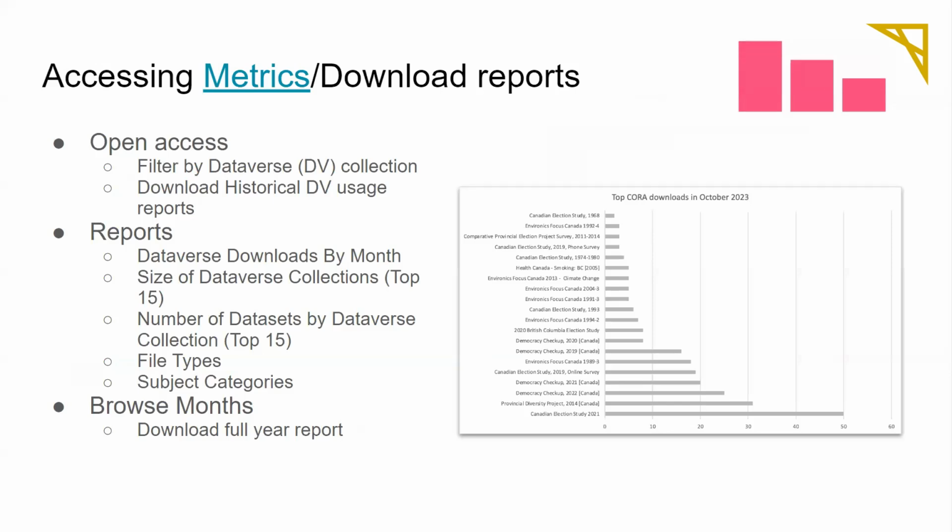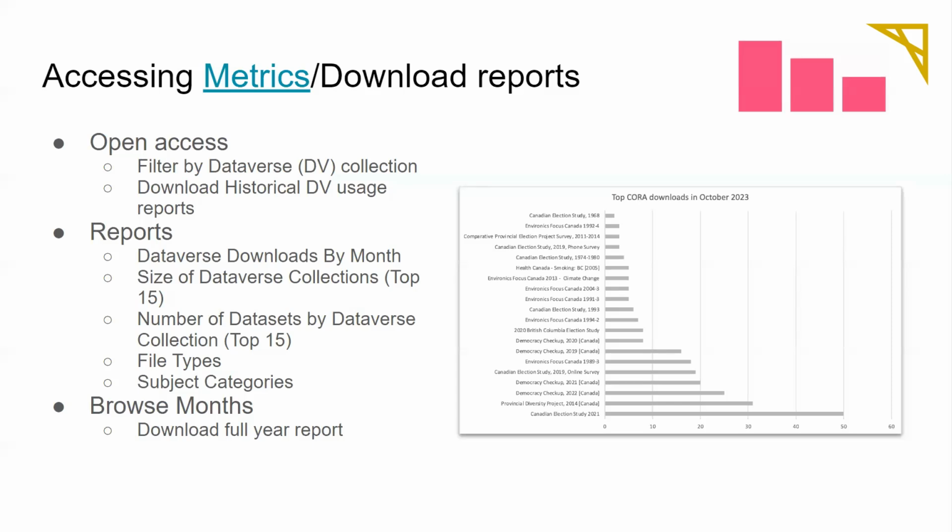The Borealis repository that we're using also supports a metrics report. And so you can use this to see the usage of some of the data sets in the collection. For example, I've just pulled up the top downloads for October 2023, and you can see that the most widely downloaded data set in October 2023 was the Canadian Election Study 2021.